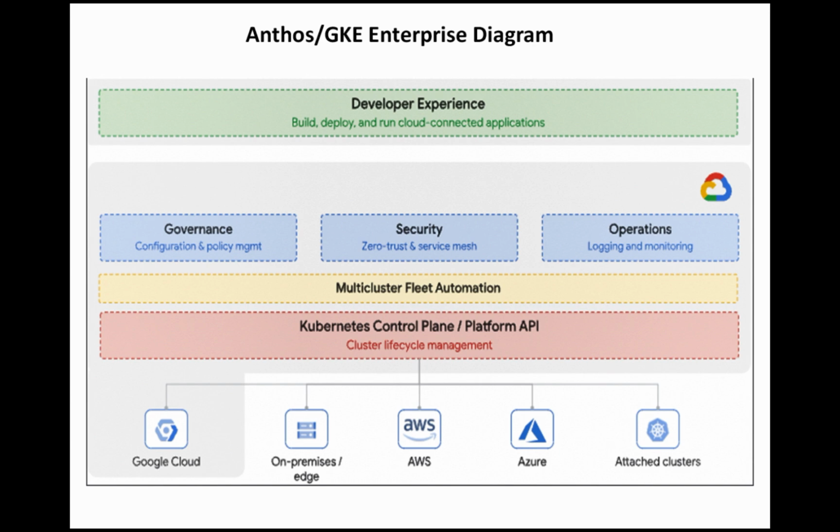There are several tools available for that, but since it is part of the Anthos stack, Google provides Cloud Run services, which we can leverage to do all these kinds of automations. So that's another key component of your stack which we can leverage. So this is at a very high level.